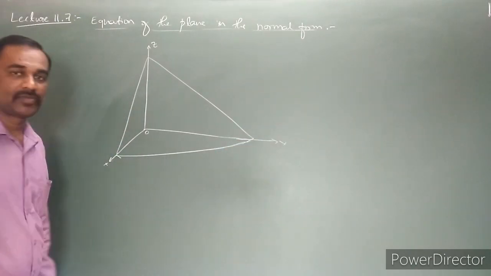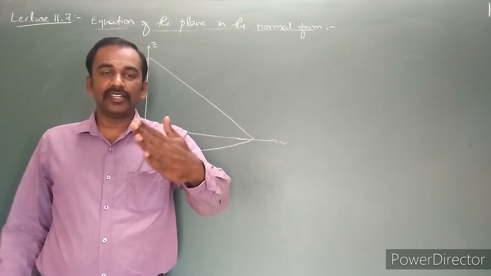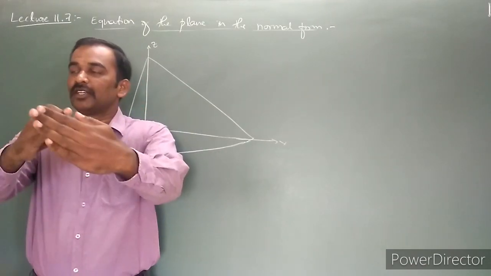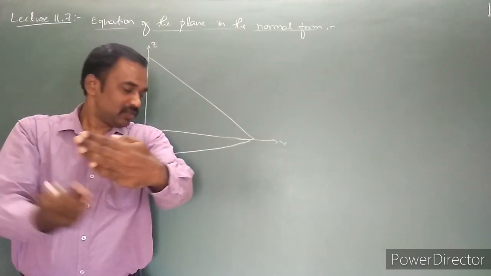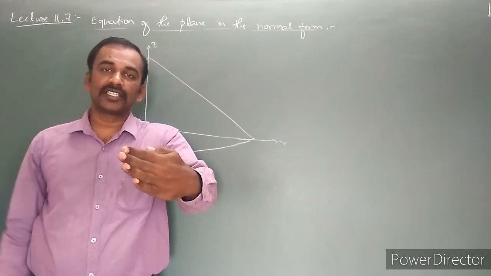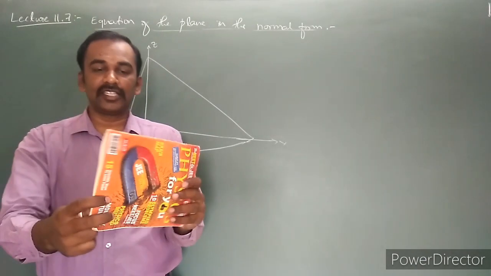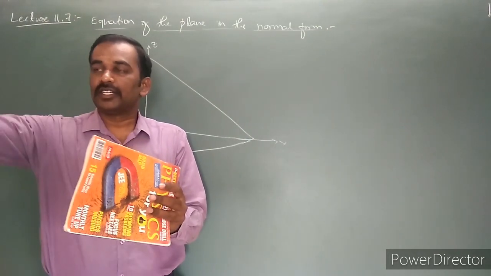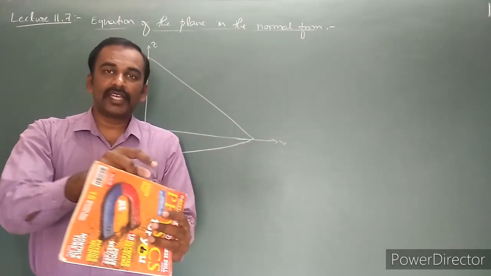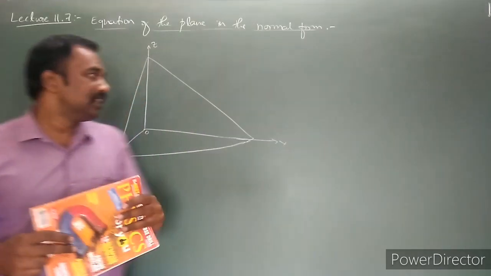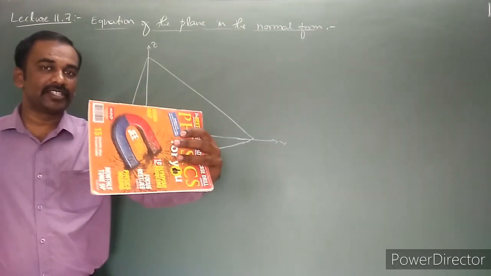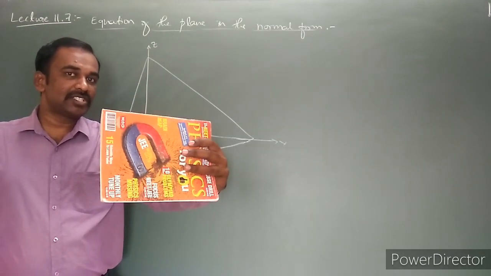This plane intersects the x axis, the y axis, and the z axis, when extended. In that manner, a plane is there. Are you clear? Have you got the imagination?